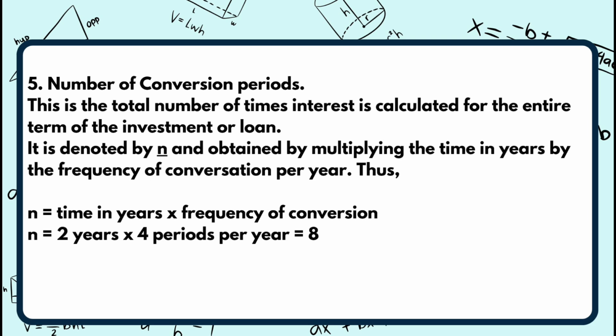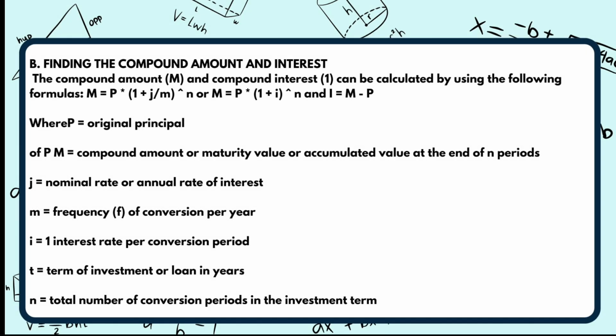So, example, n is equal to 2 years times 4 periods per year. So, 2 times 4 should be 8. Then, your number of conversion periods will be 8. So, your answer is n is equal to 8.